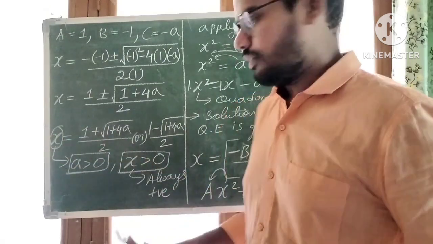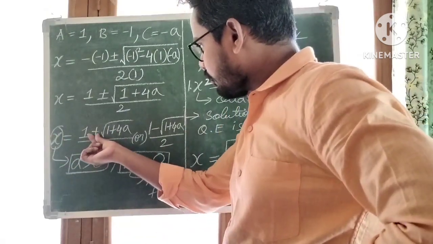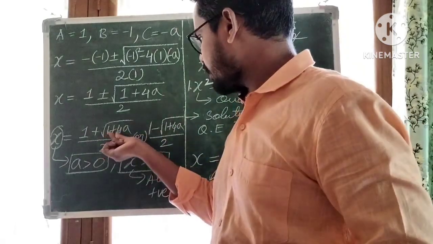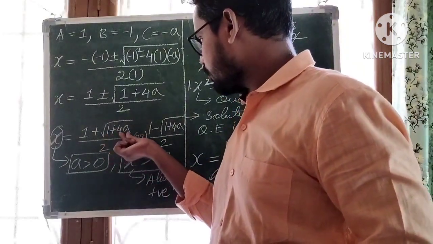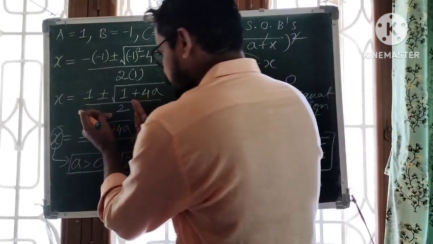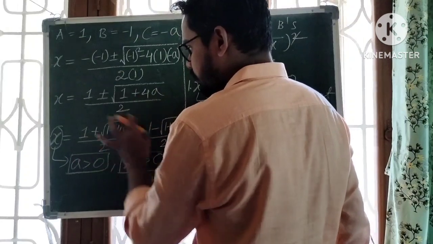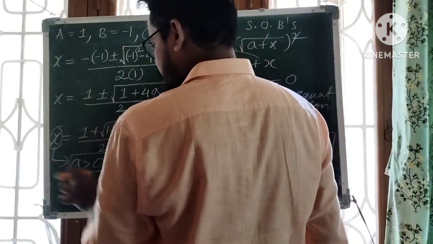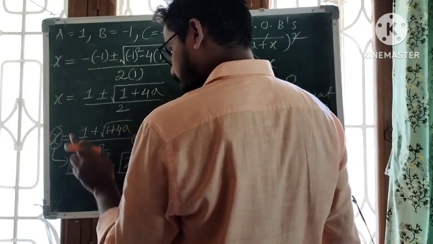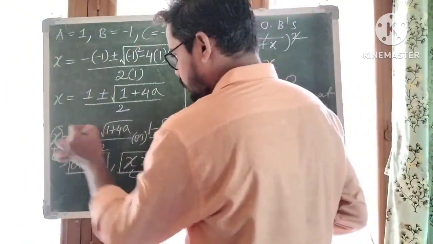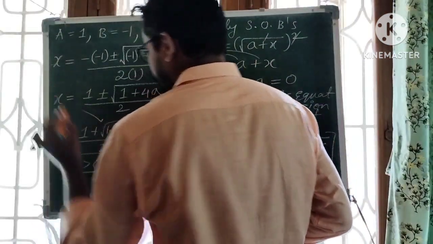Here a is greater than 0, which means a is positive. 1 plus 4 into positive, here already this is positive. Positive plus positive, so this square root value is positive. So overall the x value is positive for every a greater than 0. So this is the correct solution.